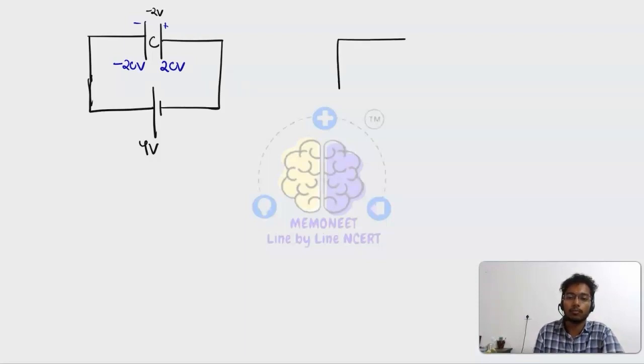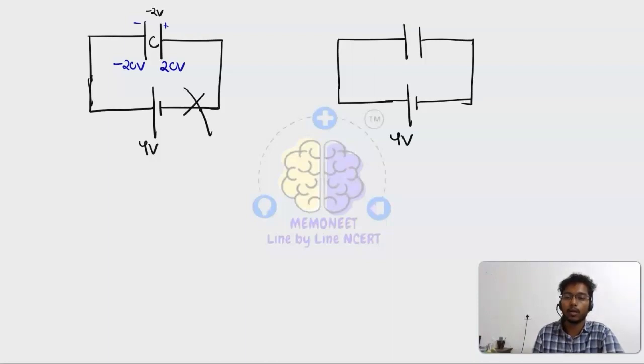When the circuit is completed, the charge on the capacitor will be according to the battery, 4CV, as it is connected to the positive end of the battery, and this is minus 4CV.